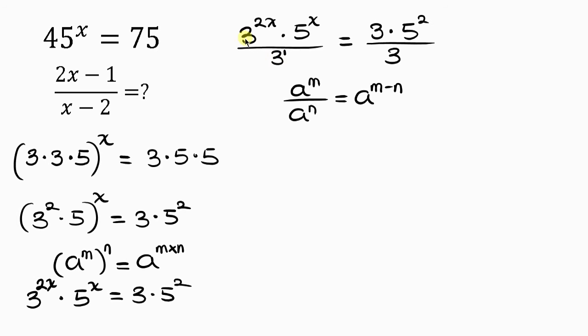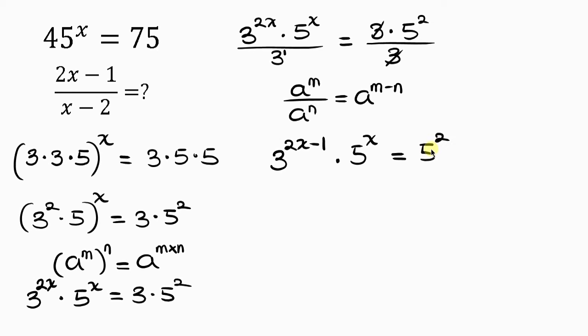So this is 3 to the 2x divided by 3 to the 1. So this becomes, according to the law of indices, 3 to the 2x minus 1, and this is multiplying 5 to the x, equal to, now the 3 here can cancel off this 3, leaving behind 5 squared.